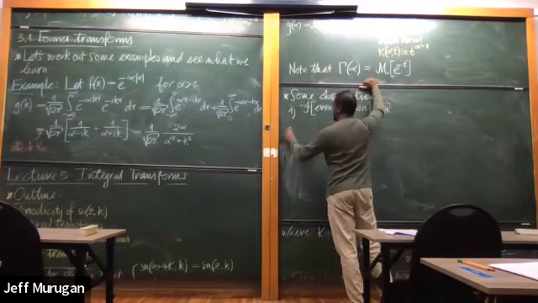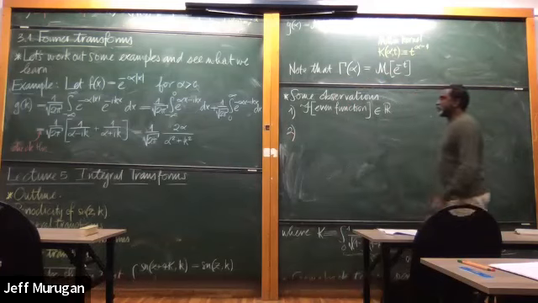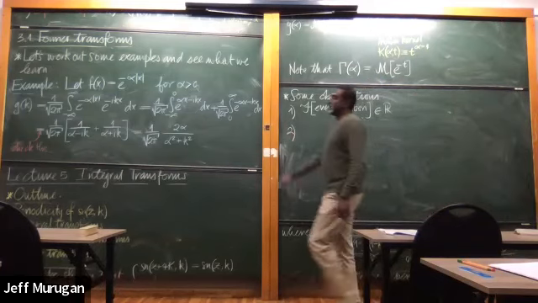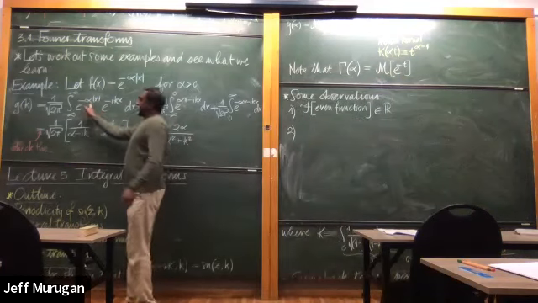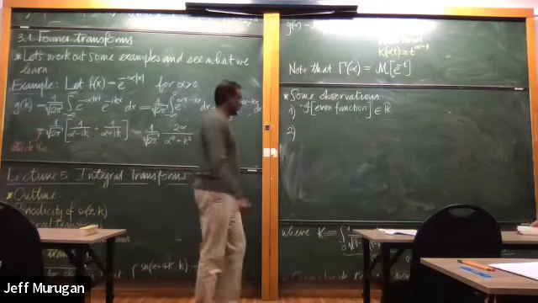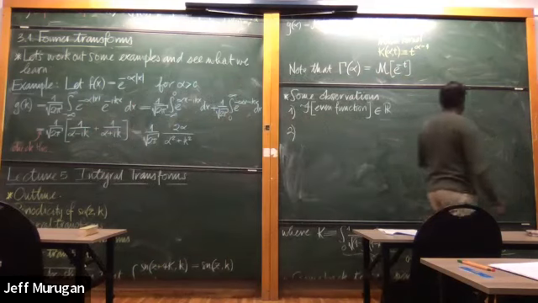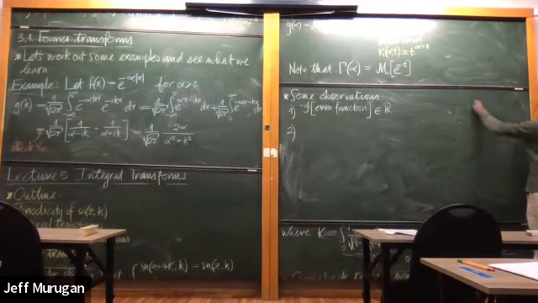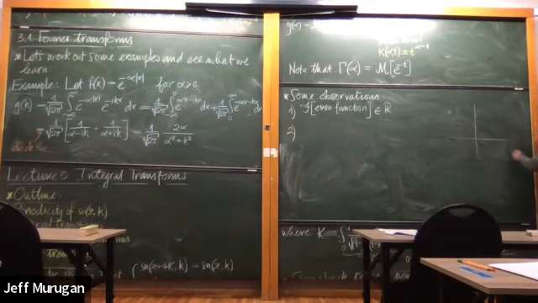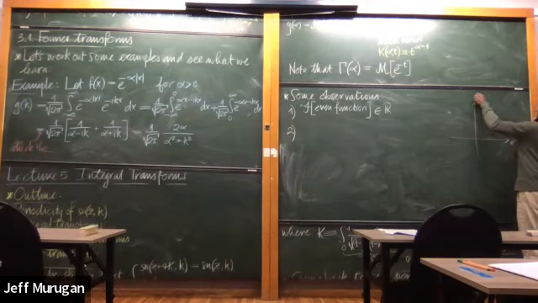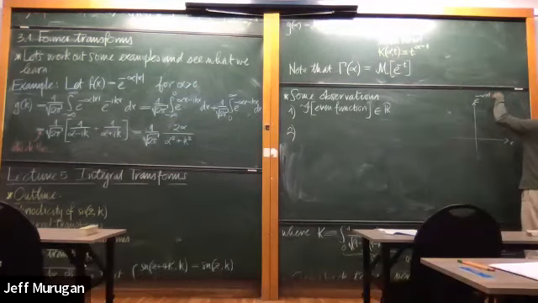The second universal lesson to be learned from this is the following. This function, e to the minus alpha mod x, looks like the following. There's x, there's e to the minus alpha mod x.